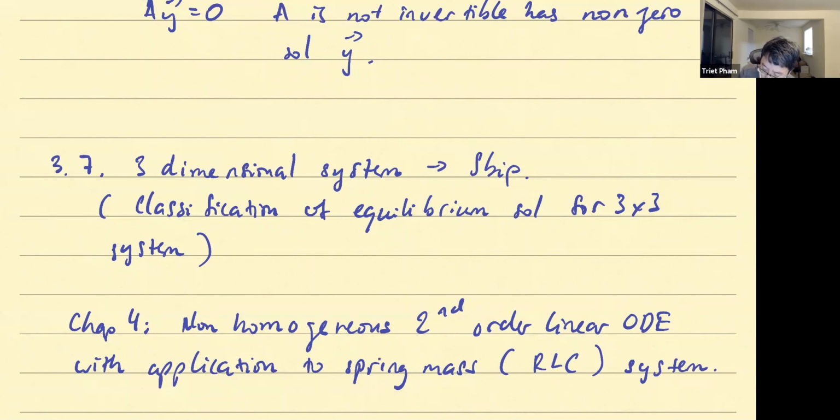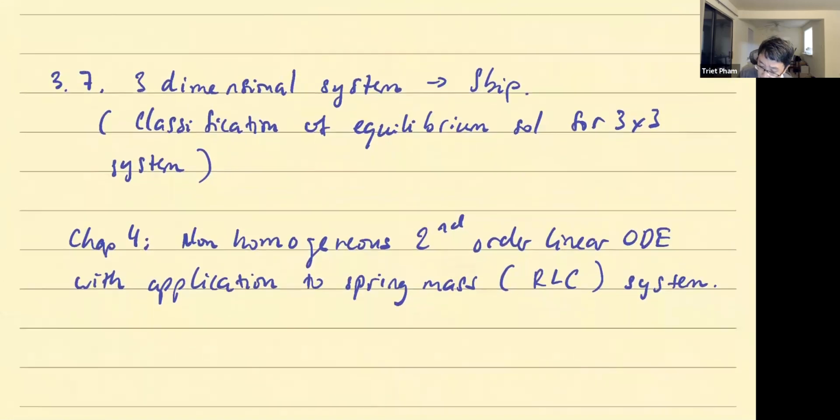So what's the general idea here? First of all, we have a second order linear ODE. In other words, we have this equation, AY double prime plus BY prime plus CY. Before, we looked at this equal to 0, that's homogeneous. Non-homogeneous means you have a function, let's call it f of t.